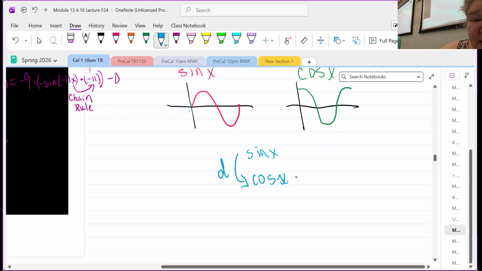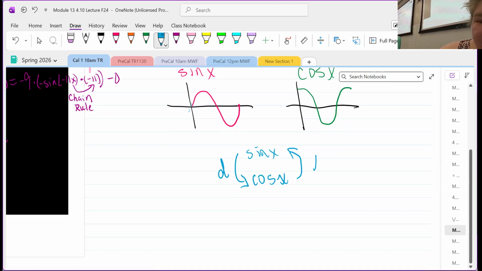So that means the antiderivative of cosine is sine. And then I know the derivative of cosine is negative sine. So there's another antiderivative step.